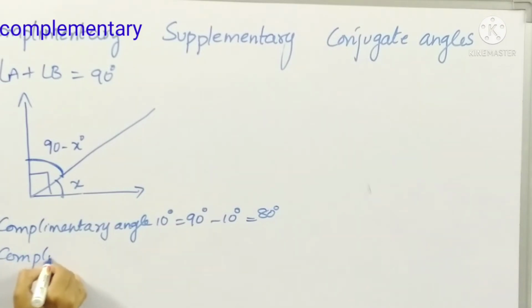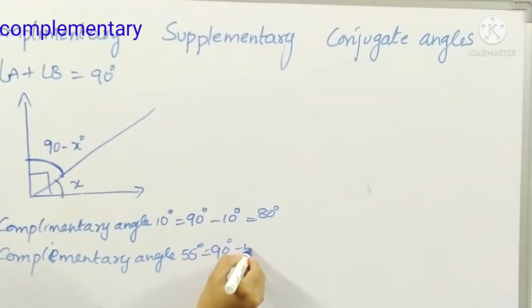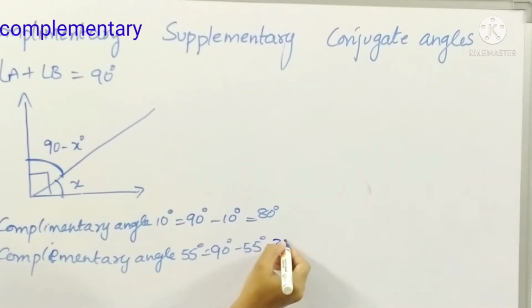Similarly, the complementary angle of 55 is 90 minus 55. 90 minus 50 is 40, and 40 minus 5 is 35. So complementary angles means if the sum of two angles is 90, then they are called complementary angles.